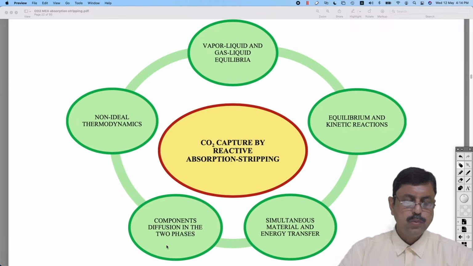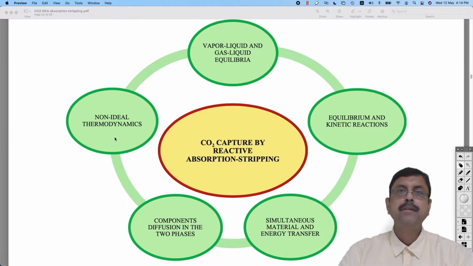We have to add in the components, diffusion in 2 phases, simultaneous mass transfer and energy transfer, equilibrium and reaction kinetics we have to refer and give the parameters in that, vapor-liquid equilibria, gas-liquid equilibria, we have to analyze with non-ideal thermodynamics. All these factors will come in this case study.